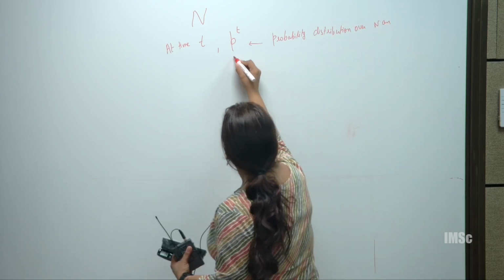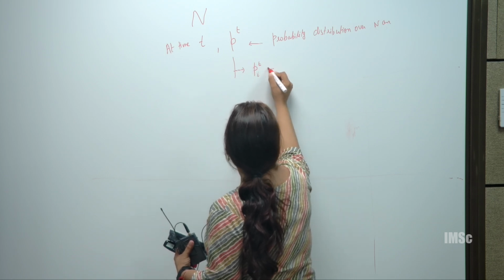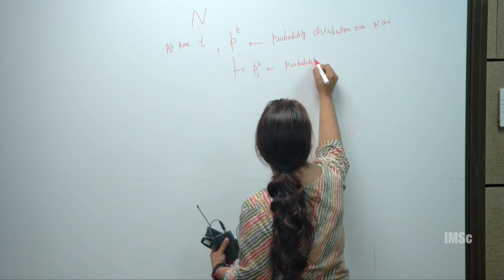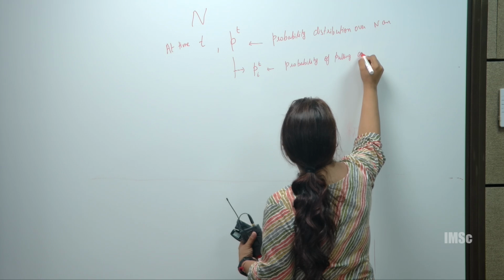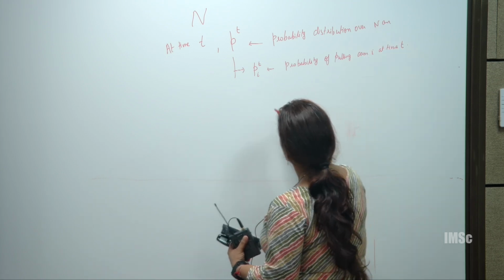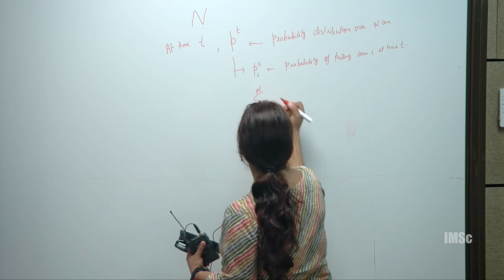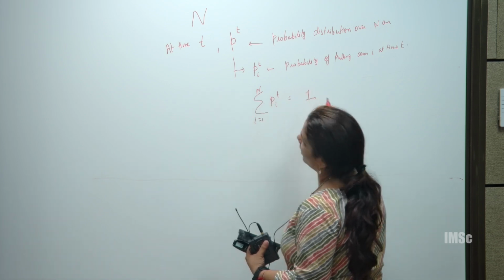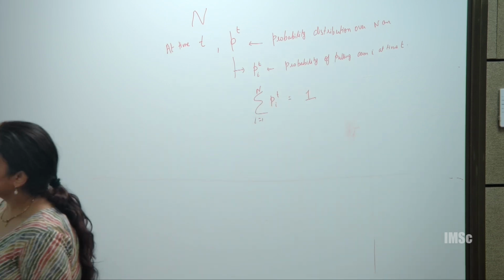Within Pt, I denote by Pit the probability of pulling arm i at time t. By the nature of a distribution, if I sum over all the arms i equals 1 to n, then Pit should be 1. That is what I mean by the probability distribution.